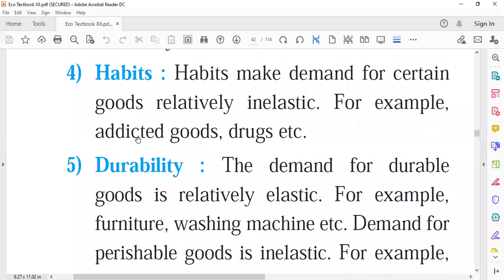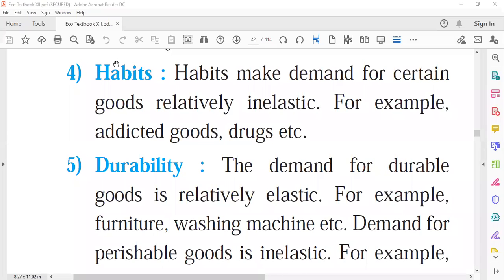If a person is addicted to alcohol, a drunkard, whether the price of alcohol increases or decreases, since he is habitual, he will be ready to purchase that alcohol even at a higher price. You might have seen the situation during the lockdown.